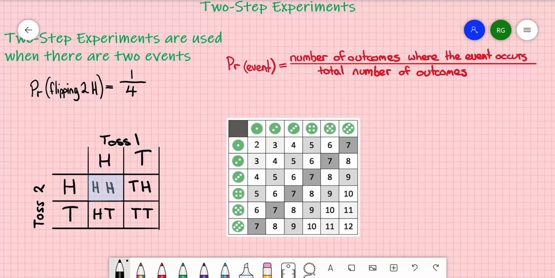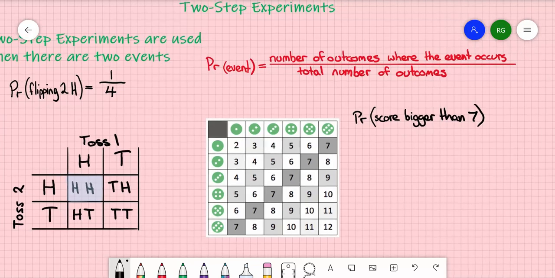And we can work out something like, we'll come up with a scenario of a score bigger than 7.